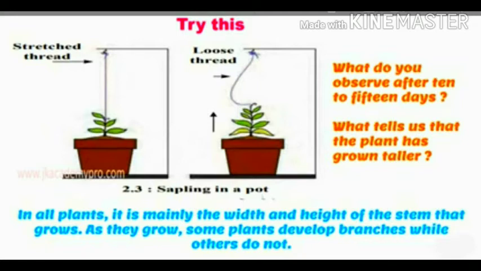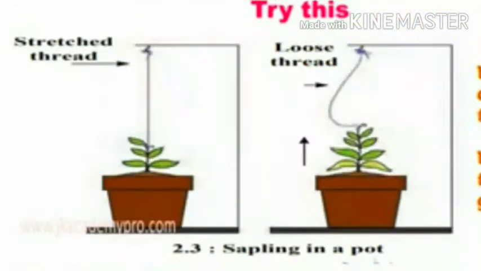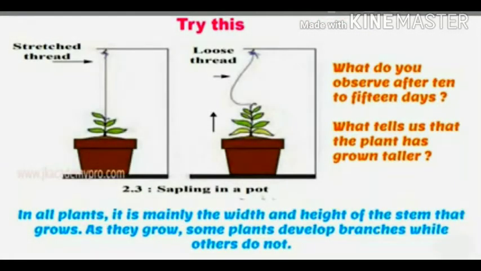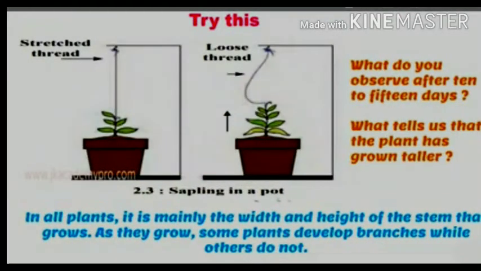Now, after 10 to 15 days, what are you going to observe, students? Let's see. You will notice that now the plant has grown and the thread has become a little loose. Okay. So, from this small activity, we come to know that plants also grow. In all plants, it is mainly the width and height of the stem that grows. As they grow, some plants develop branches while others do not.